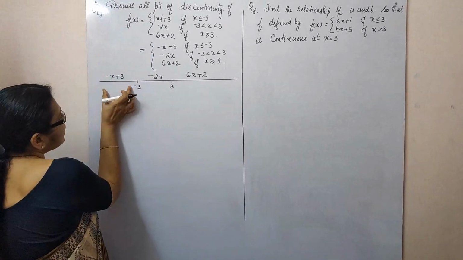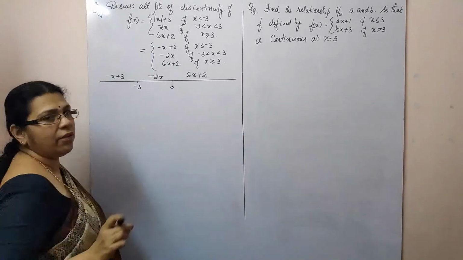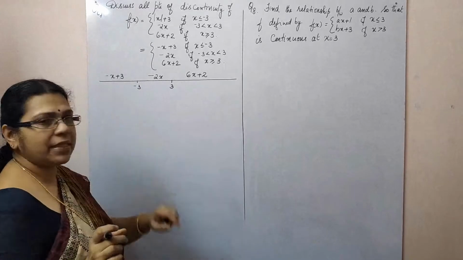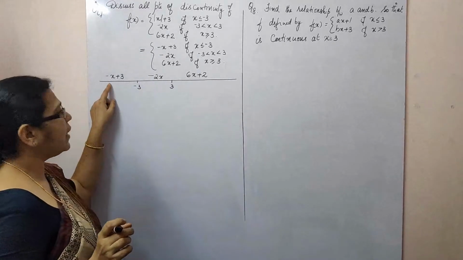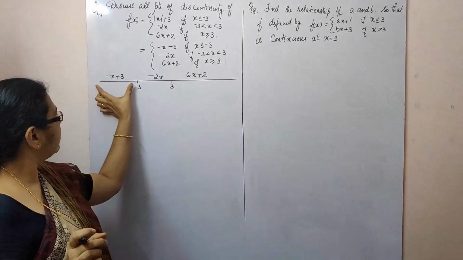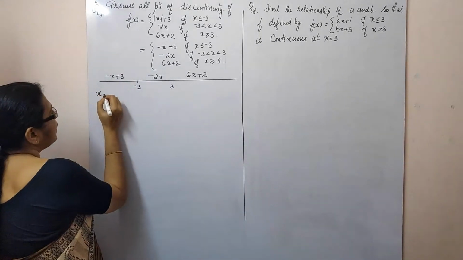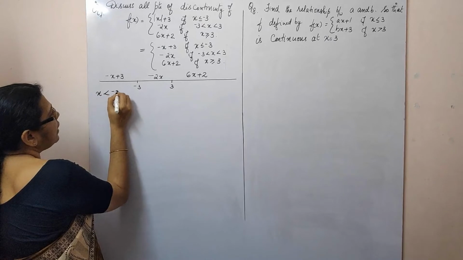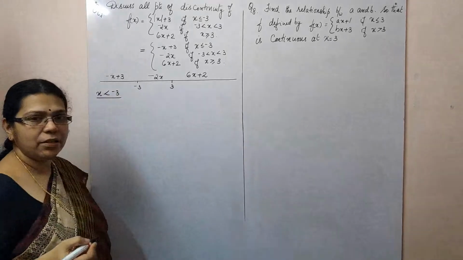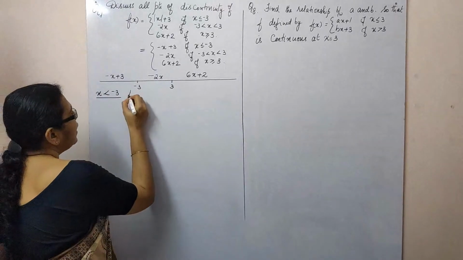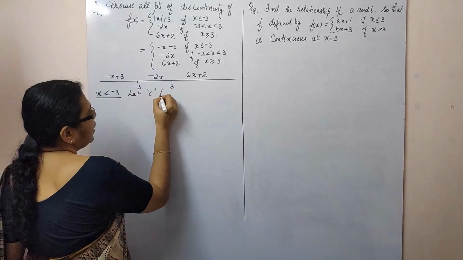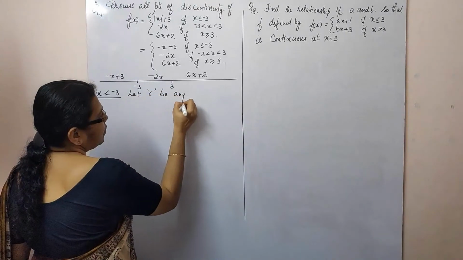Now to discuss the continuity for all values of x less than negative 3, I will take an arbitrary value in this interval. For the values of x less than negative 3, let c be any arbitrary value.